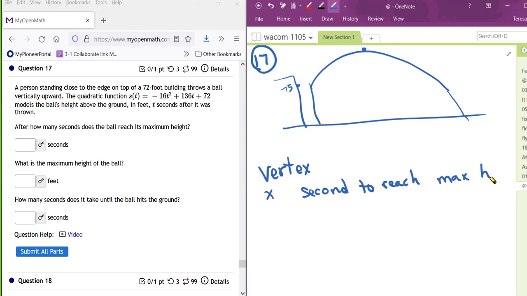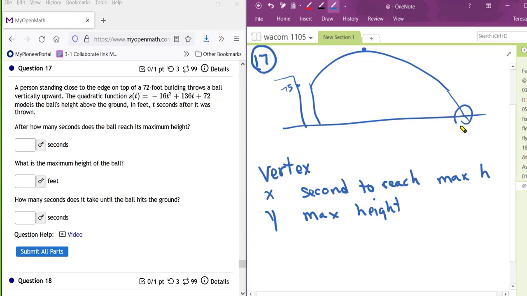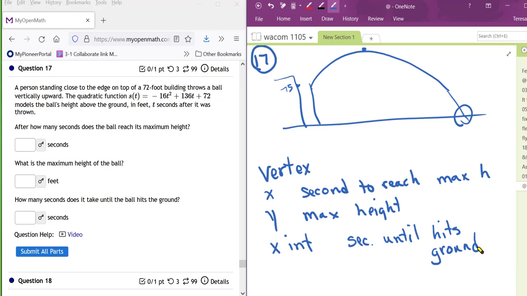And what is the maximum height? That will be the y. How many seconds does it take until the ball hits the ground? What you want to find there is your X-intercept. So we have to take the things we know and kind of apply them there. So that is basically where we want to go.